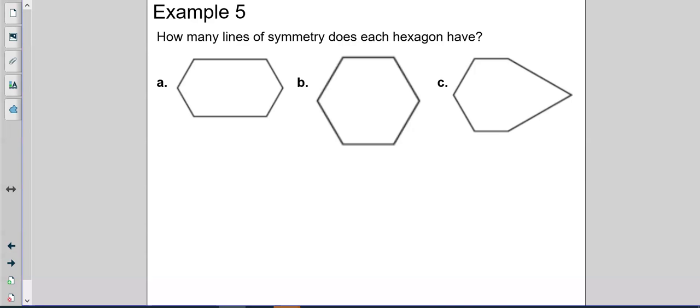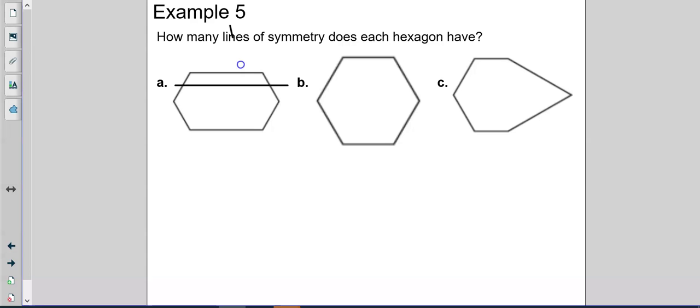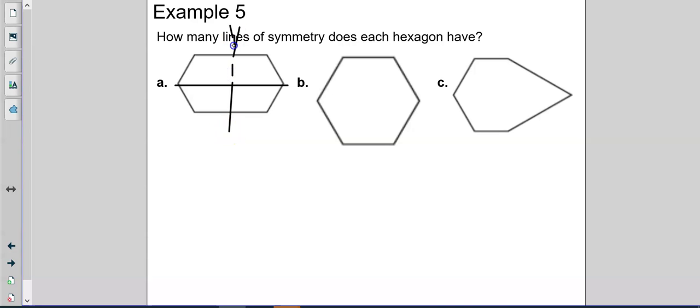All right, lines of symmetry. Where can you fold it and it will match? Well, if I go this way and fold it top to bottom, it will match. If I go right down the middle, it would fold left to right and be perfect.